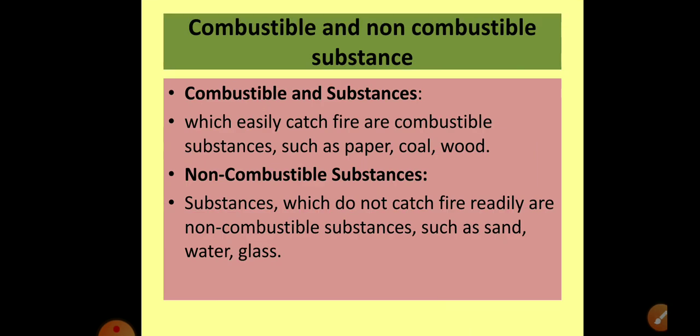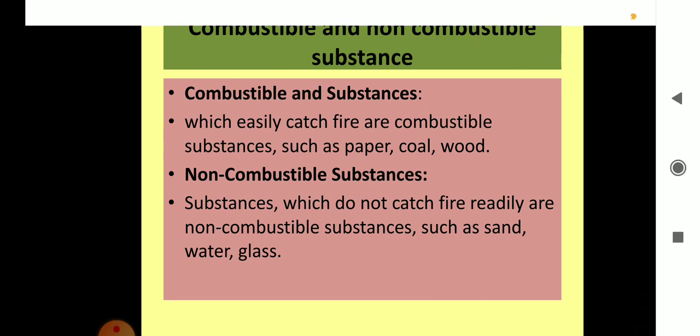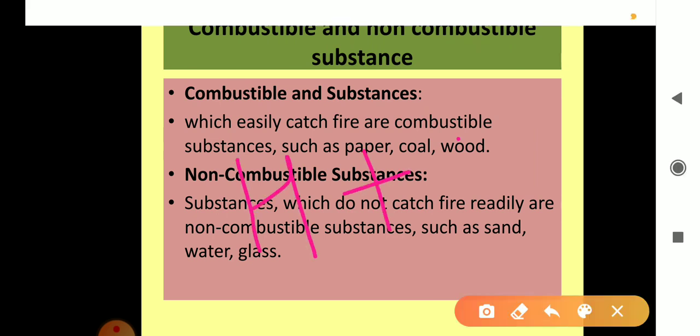Now next is combustible and non-combustible substances. Combustible substances are the substances which burn and catch fire in the presence of oxygen. Combustible substances are mostly made up of hydrocarbons, that is, hydrogen and carbon. These two are present in them.